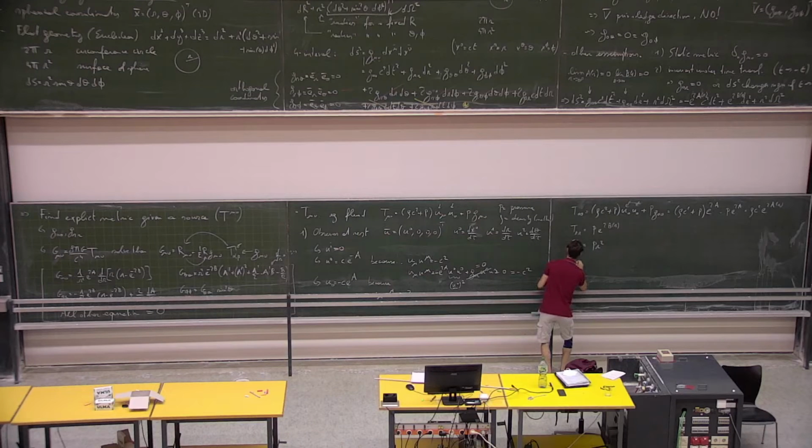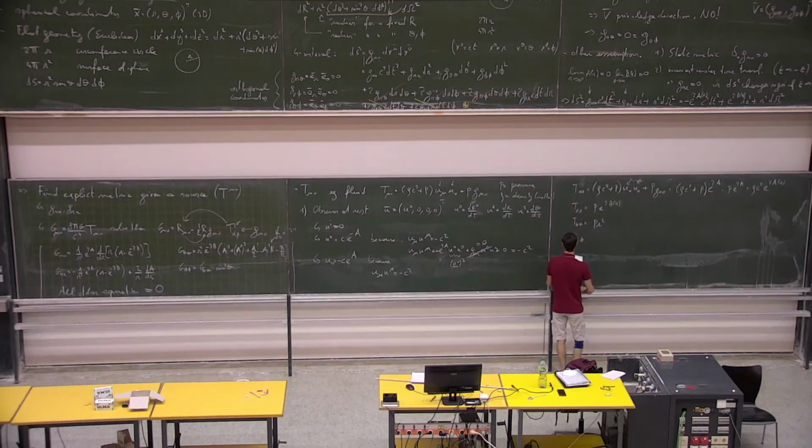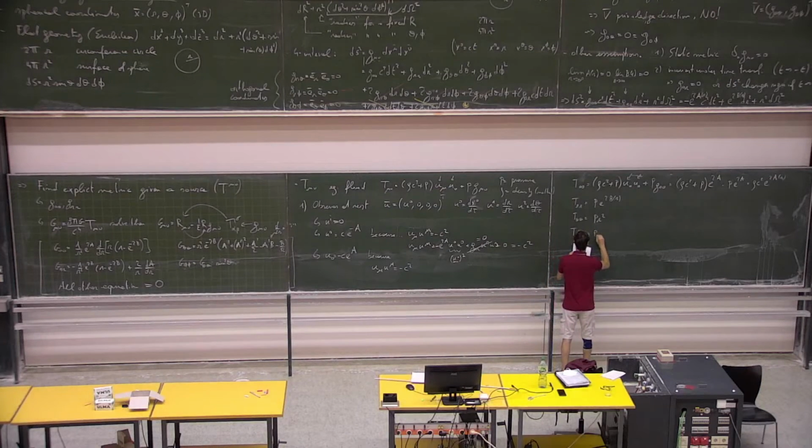And T phi phi is equal to P r squared sine squared of theta. And if you wish, it is equal to sine squared of theta times T theta theta. That's because this is equal to that. All other components are equal to 0. So this is diagonal.